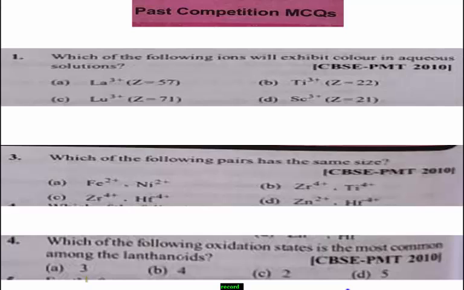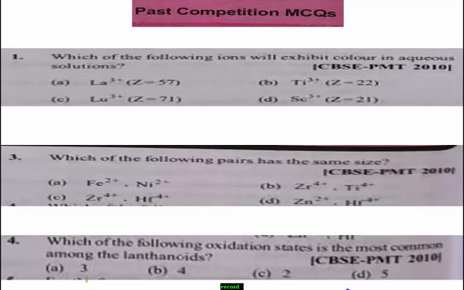When we observe all the electronic configurations, in Ti3+ the number of unpaired electrons is 1, because of which d-d transition takes place, which is partially allowed. Therefore, it exhibits color in aqueous solution.